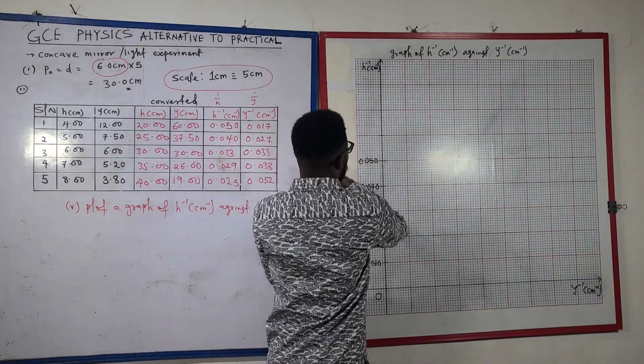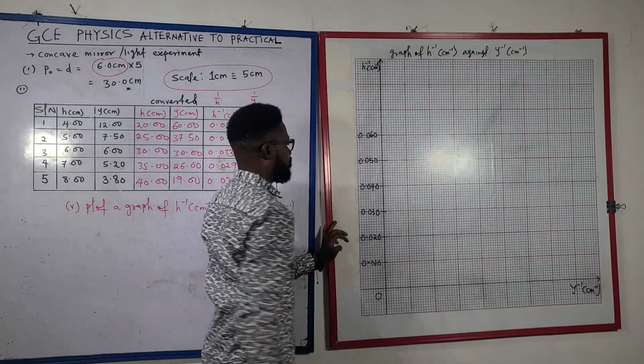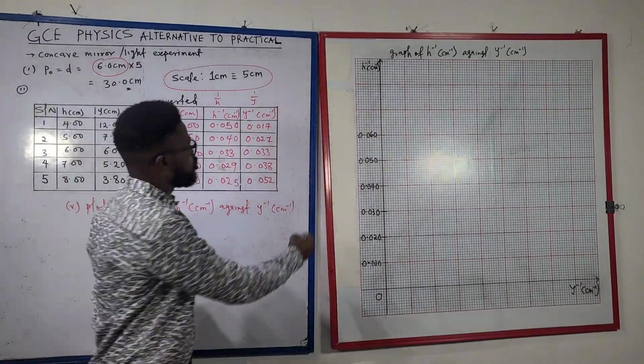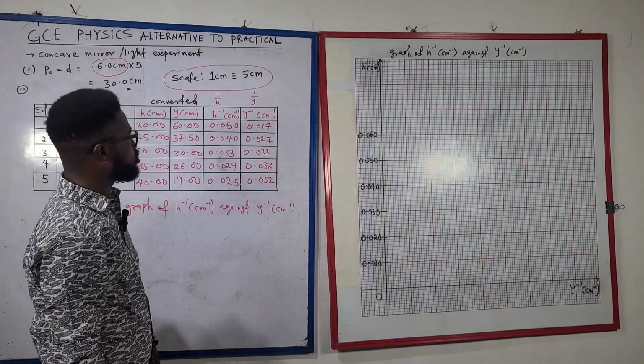Of course, that already covers this. I could go on to 0.060. Now that I've been able to do this for the vertical axis, I could come to the horizontal axis.